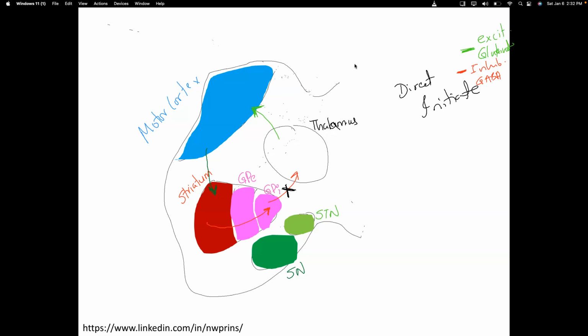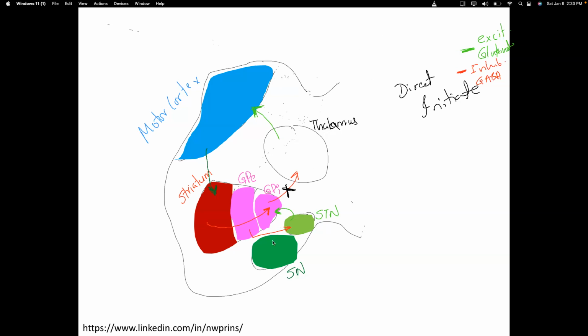In the indirect pathway, there is a connection from the GPE to the STN, which is usually inhibitory, but the connection from the STN to the GPI is excitatory. So what we want to do is to inhibit this inhibition.